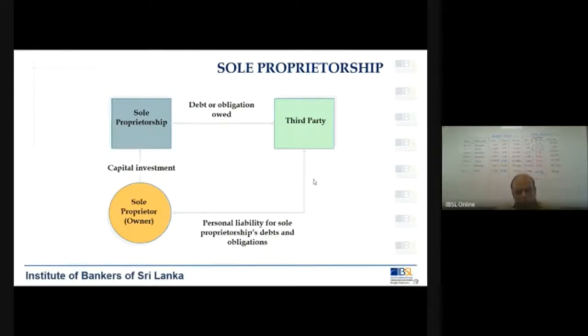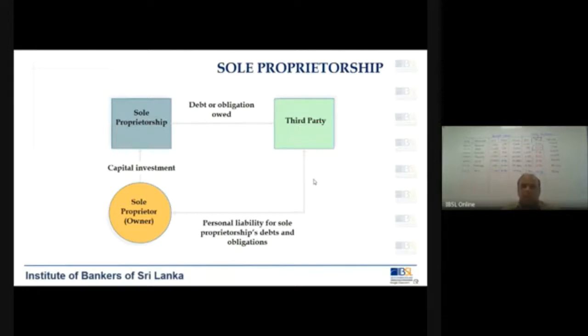Now with whom am I going to do the business? With a third party. So when I do a business with a third party, I have a personal liability, not in the capacity of my name, but in the name of the business.